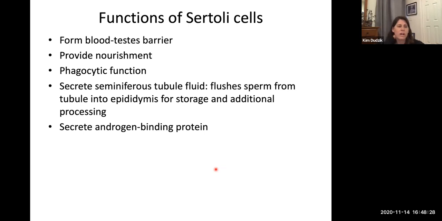The Sertoli cells also secrete what's called ABP, androgen binding protein, into the lumen of the seminiferous tubules. It binds to the hormone testosterone, allowing testosterone to concentrate inside of those tubules. Remember, testosterone helps to stimulate spermatogenesis.